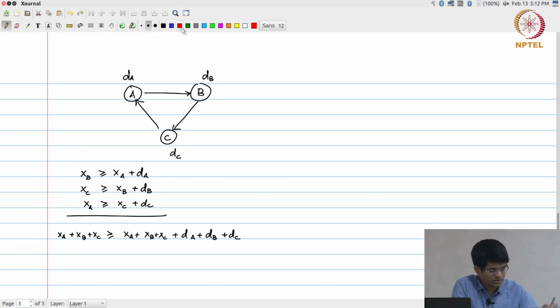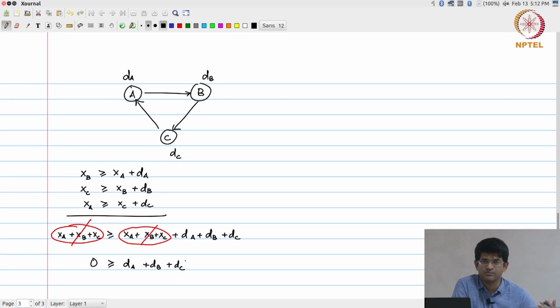No matter what xa, xb, xc are, they are the same on both sides, which means we can basically remove them, and what we end up with is dA plus dB plus dC must be negative for this to work, which is fundamentally a contradiction, because dA, dB, dC are execution times.